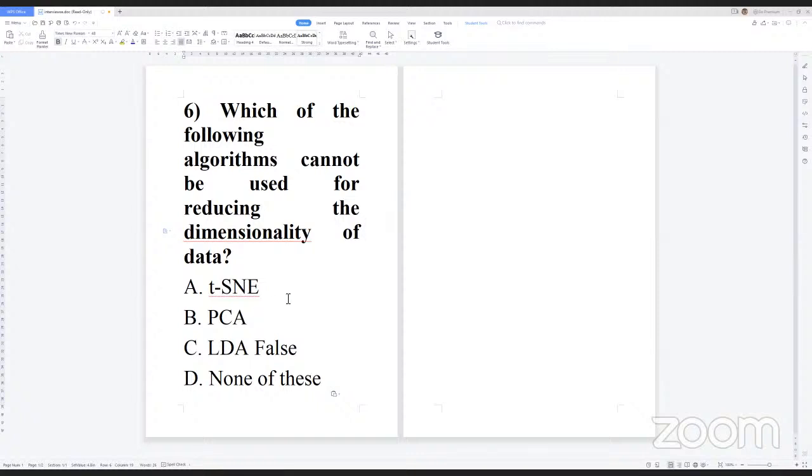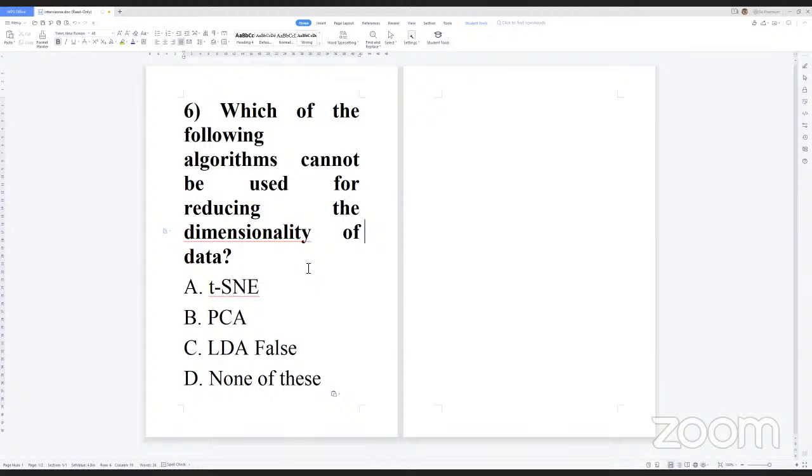Any guesses? Okay. Nobody seems to have chosen an answer. So the answer for the sixth question would be option D, which says none of these.